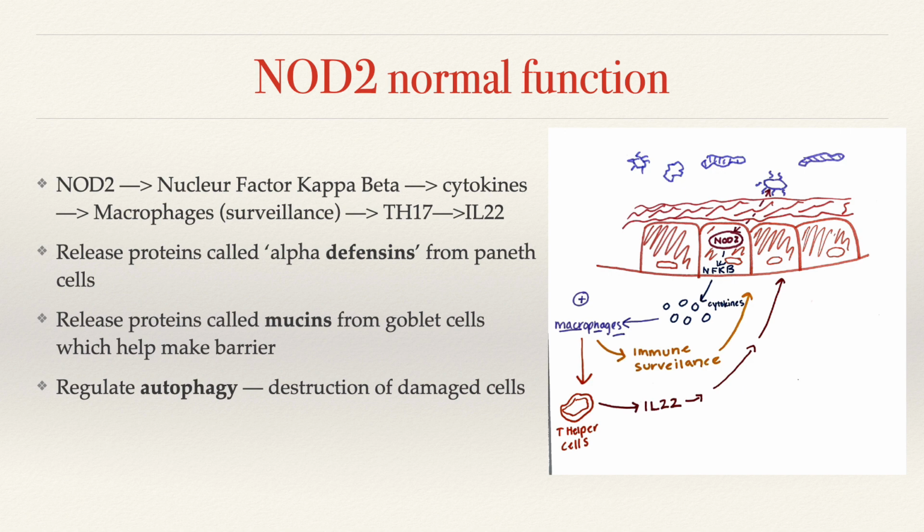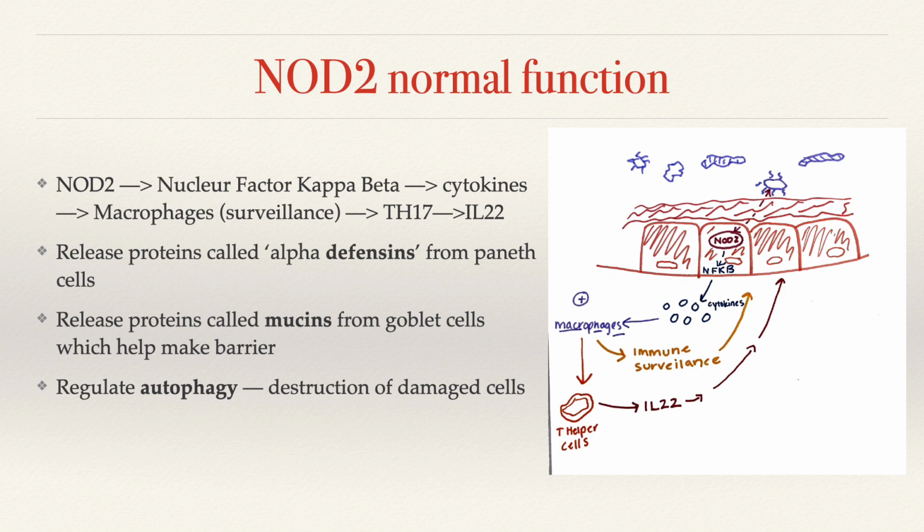And this is showing NOD2 intracellularly and the way in which it stimulates something called nuclear factor kappa B, drawn there as NF-kB. And nuclear factor kappa B will release specific cytokines, which will then tell the macrophages around to be on sort of high alert, which is that immune surveillance we were talking about.